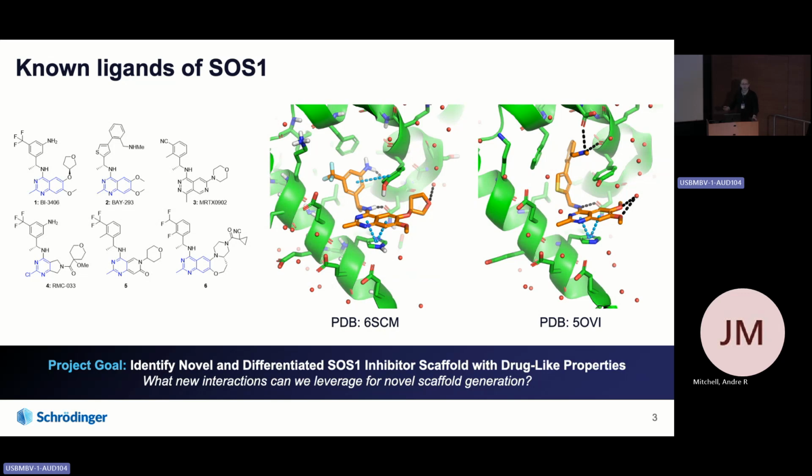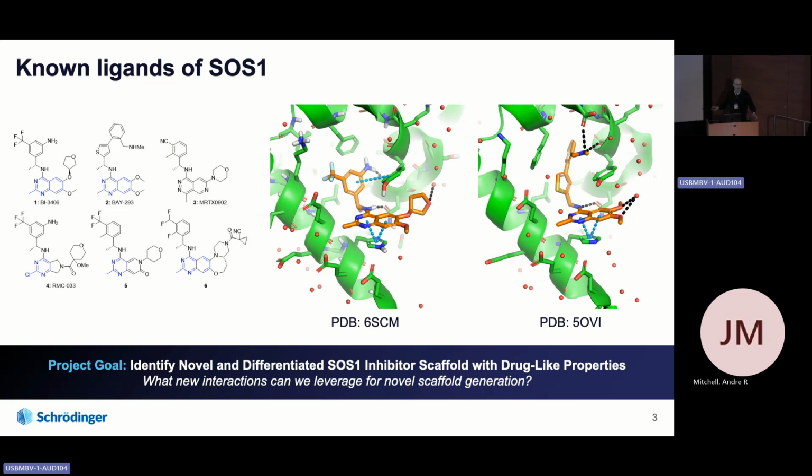When we look at the crystal structures of these inhibitors in complex with SOS1, it's immediately obvious why this is the case. The reason is that you need a heterocycle here to do pi stacking with this histidine 905. You want to form a hydrogen bond with this asparagine residue here. And typically you also want to fill out this hydrophobic pocket in the north with a T-shaped pi stack to this tyrosine.